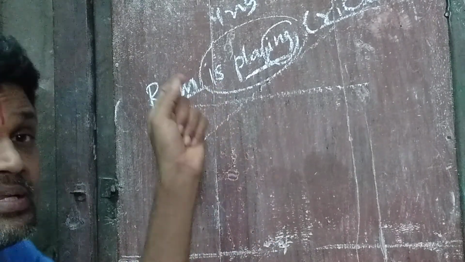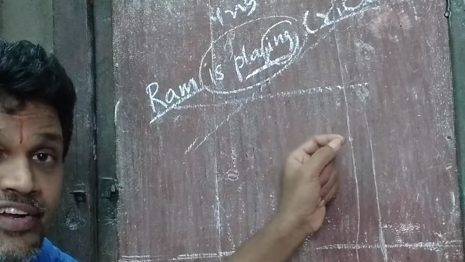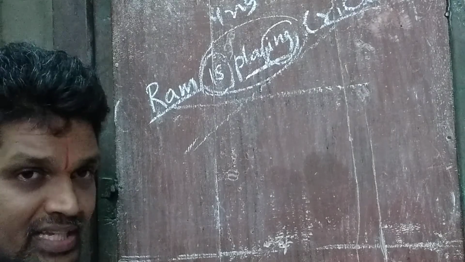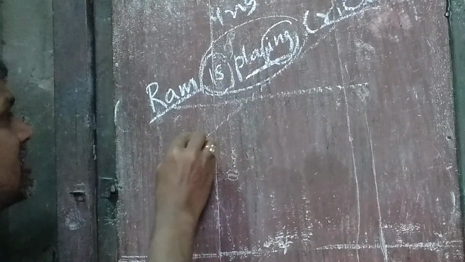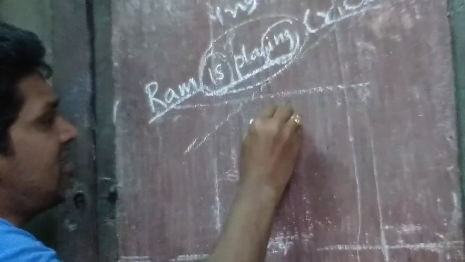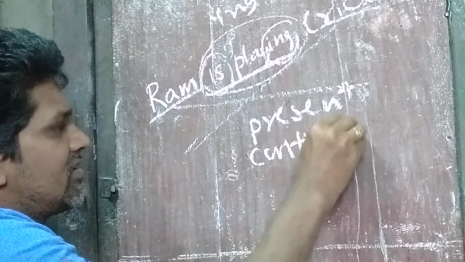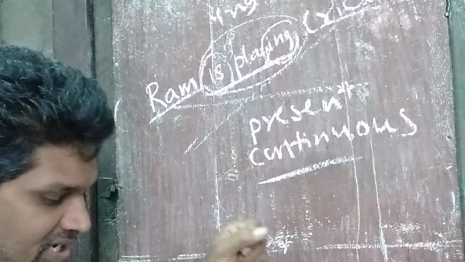And here it is in present continuous tense because is, present form, is placed before the ing form. So it is in present continuous tense.